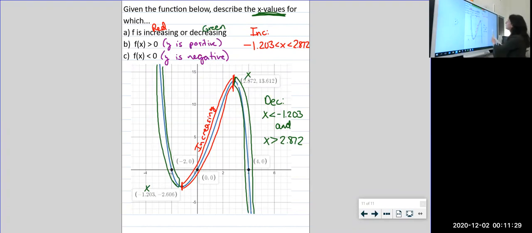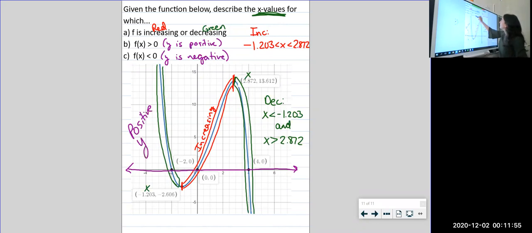Now, hopefully that's a reminder of how we did this in unit 2 actually. But if it's not, I'm refreshing it hopefully so you know how to use it in the future. Now we're going to go actually a little bit simpler. We're going to talk about when y is positive and when y is negative. So positive y's mean anything over the x-axis.